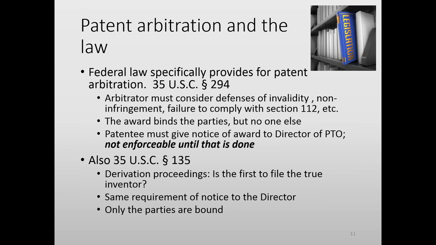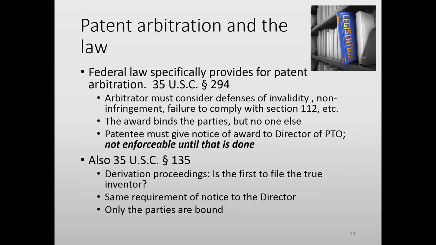Interestingly enough, the award binds the parties but doesn't bind anyone else, although it certainly could be important, particularly because for the award to be enforceable, notice of it has to be given to the director of the PTO. So that has some implications for privacy because the award ends up at the PTO to be enforced.